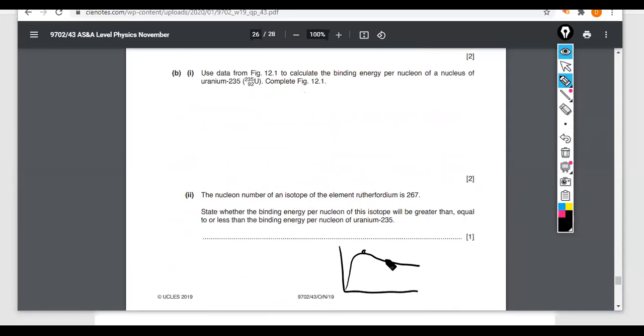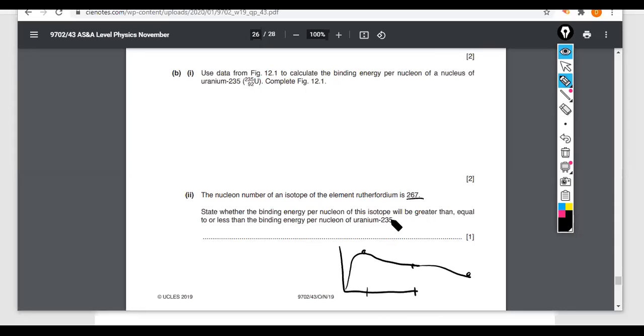So iron is at the peak, and uranium is 235. So remember, nucleon number, iron is 56 right here, 235 would be way out here. So that's uranium. Rutherfordium is even further down this, right? So Rutherfordium would be up here. As we go from right to left, all the way up to iron, which is at the peak here, we're finding that these things have more and more binding energy per nucleon.